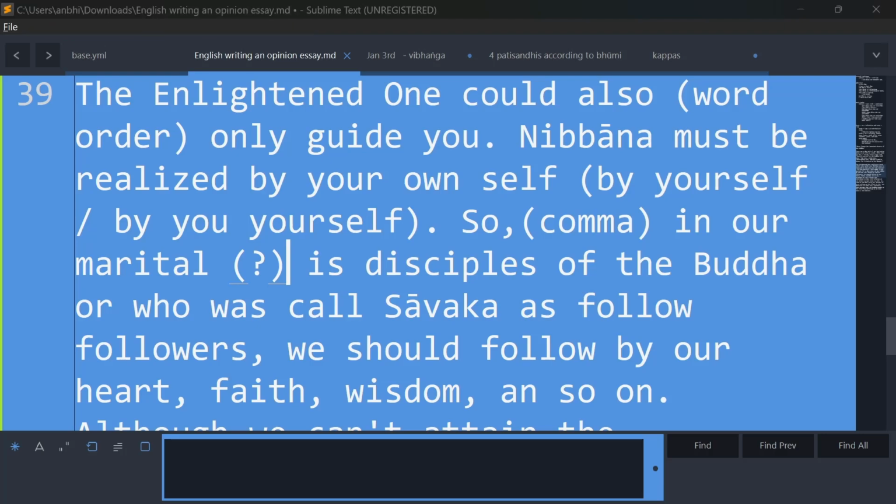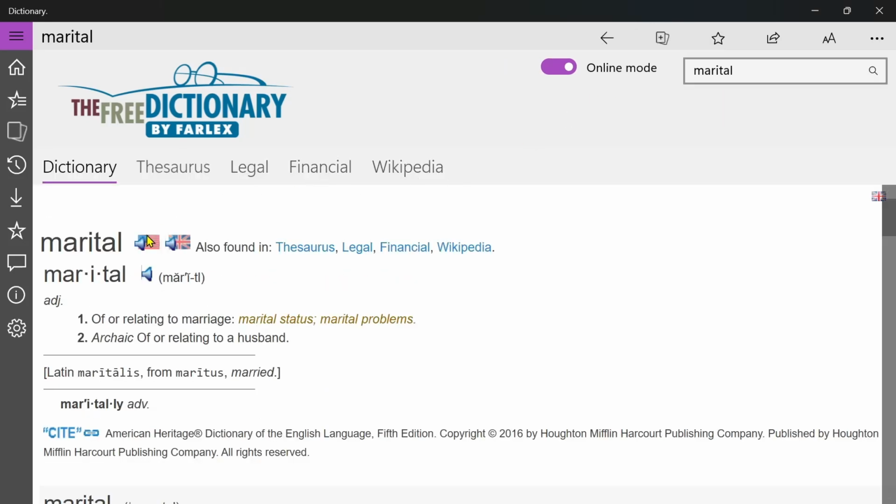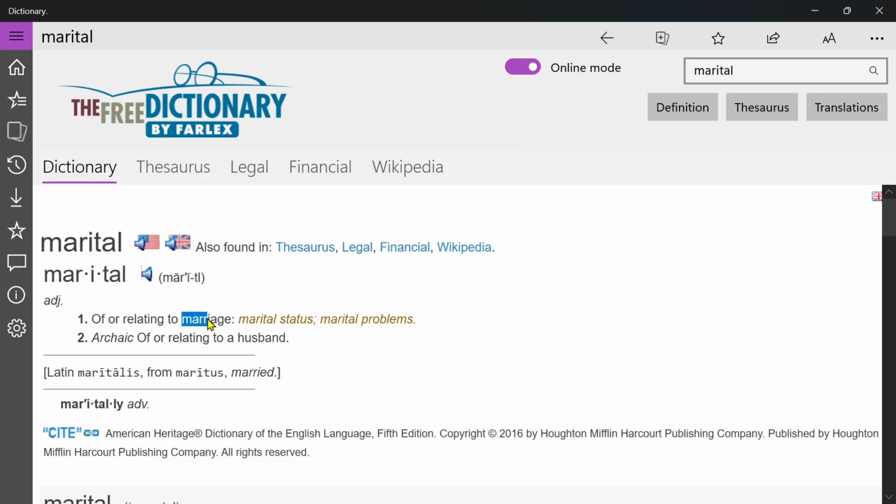This marital is actually a word that exists. It refers to marriage. Yes. Married, right? Marital. Your marital status. Marriage is a noun. Marital is an adjective. It's related to marriage. For example, marital status, marital problems.